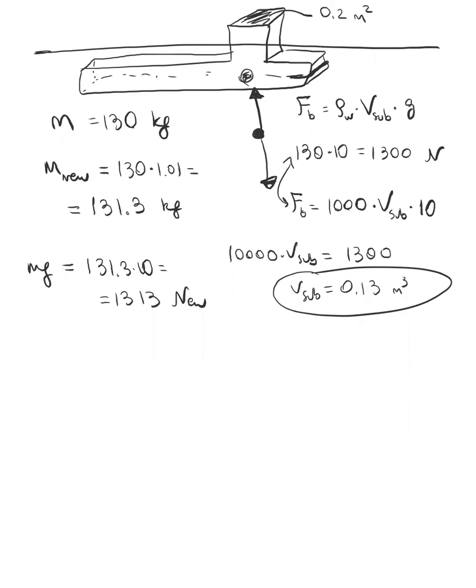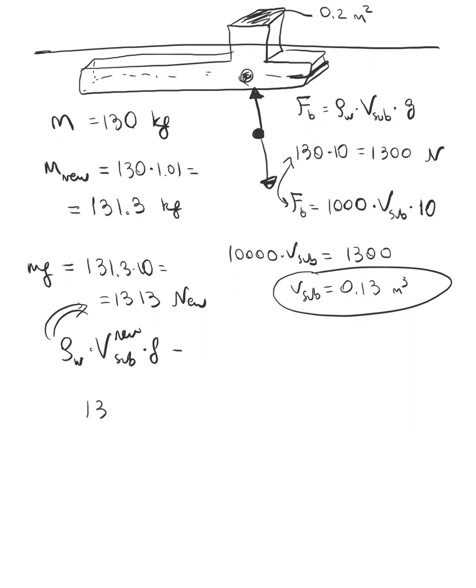And now I will need more volume to be submerged to have more buoyant force. So my new buoyant force will be rho, density of water, times volume nu submerged, times g. And these two forces will have to be equal.